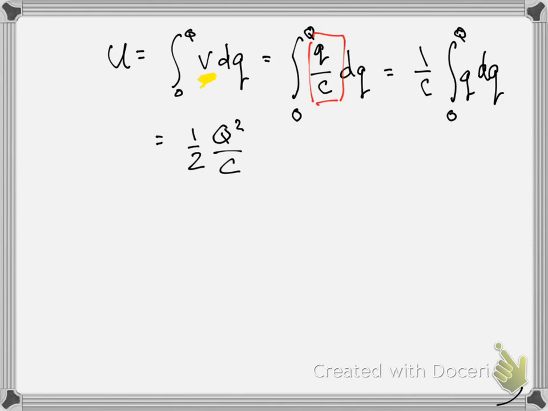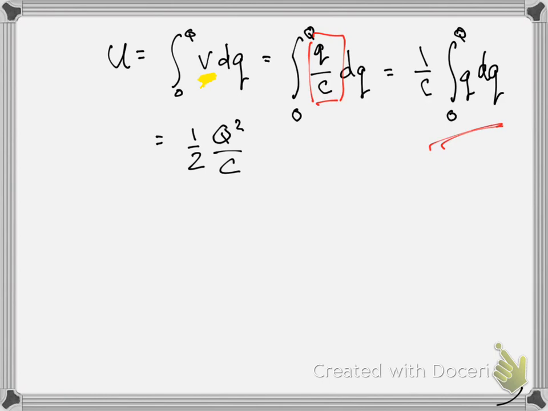C doesn't change. Q and V are changing as we're charging it up, but C is a constant. So we can pull the C out in this third step, and so we've got 1 over C, integral of Q dQ. Do that integral, plug in the limits, 0 to big Q, and we get 1/2 Q squared over C.